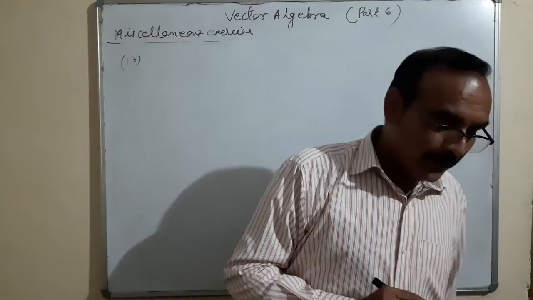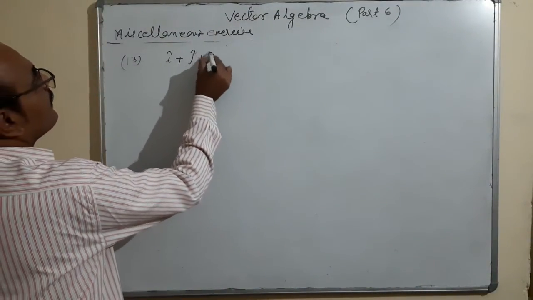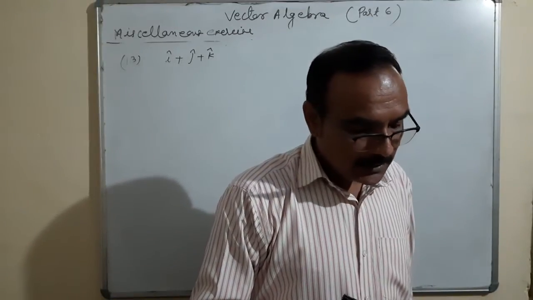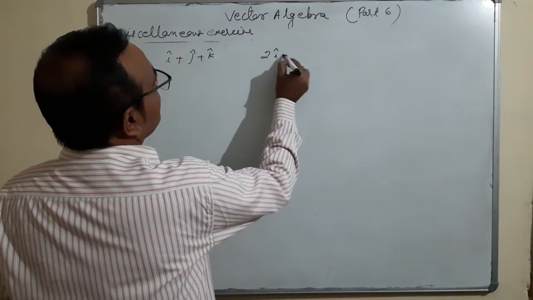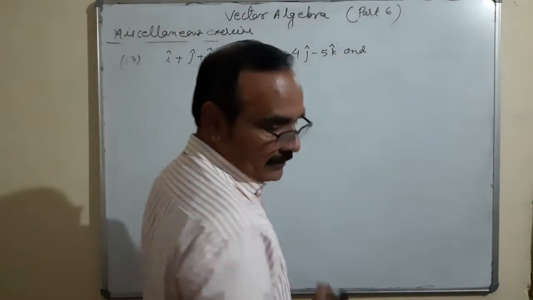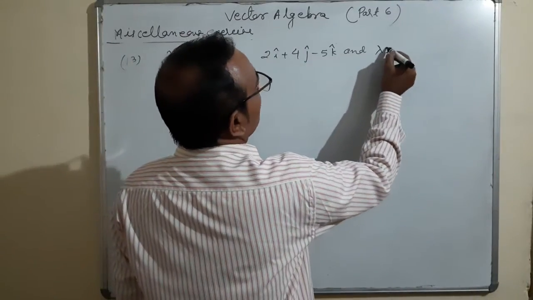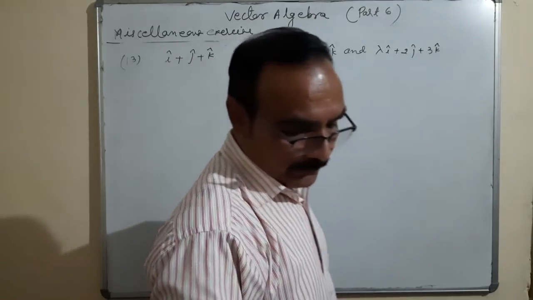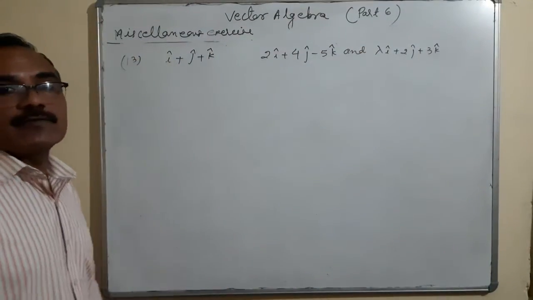The scalar product of the vector i plus j plus k with the unit vector along the sum of 2i plus 4j minus 5k, and second, lambda i plus 2j plus 3k, is equal to 1. See, understand the meaning of this question number 13 first.